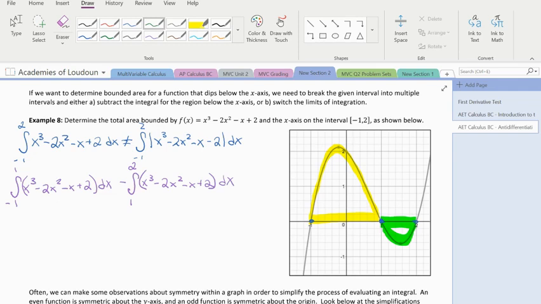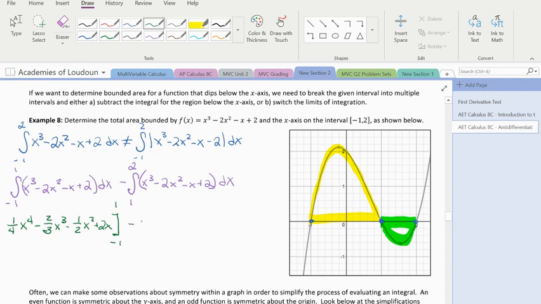So now we take our antiderivative, and we have 1/4 x to the 4th minus 2/3 x cubed minus 1/2 x squared plus 2x that we evaluate from -1 to 1.